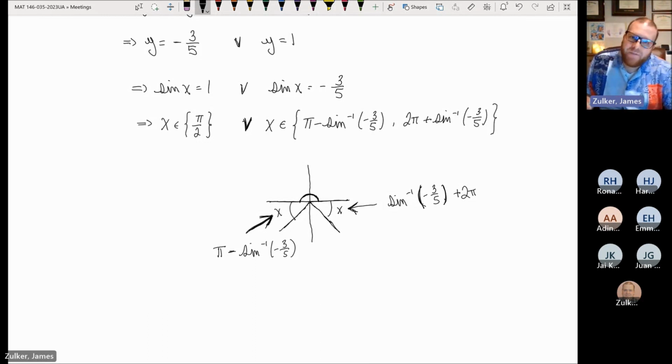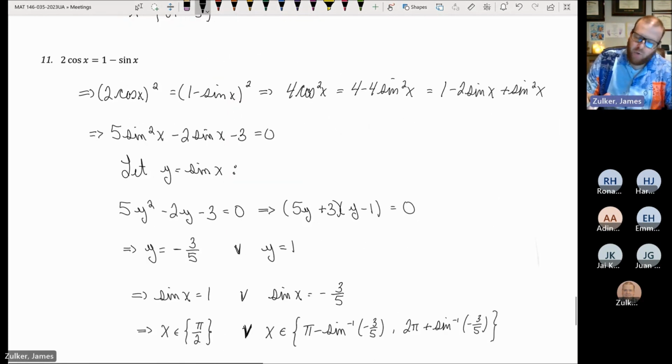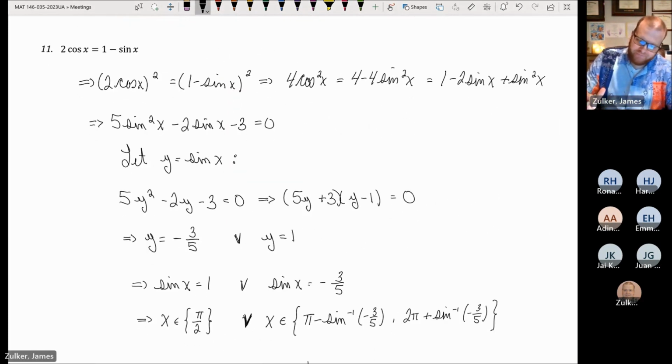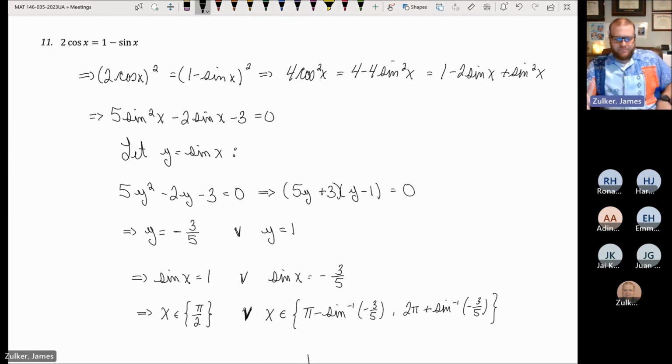But again, we have to check, right? We squared both sides. Quadrant 3 is not going to work. Sine is negative, so you get 1 minus a negative, which is positive.